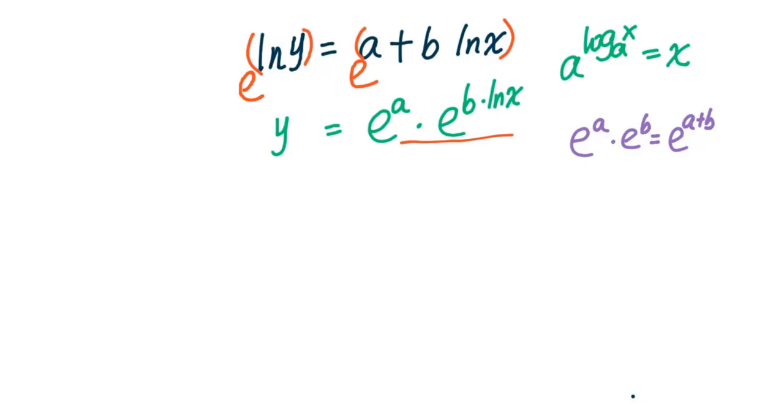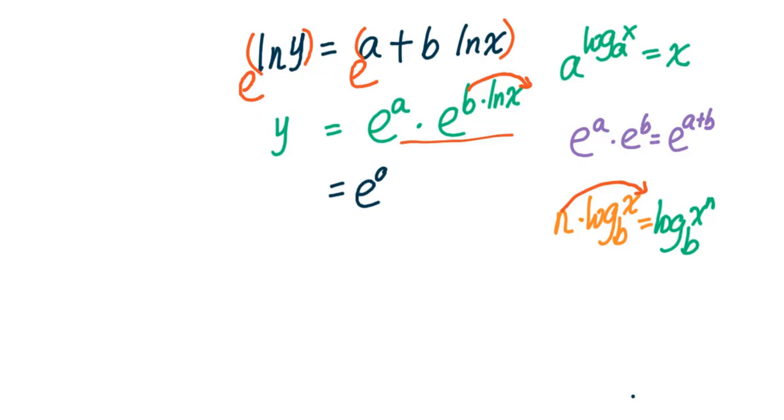Then according to this formula, n times log base b of x, we can move this n as an exponent of x so that you can get log base b of x to the nth power. We can move this b as an exponent here so that you will get e to the a's power times e to the natural log of x to the b's power.